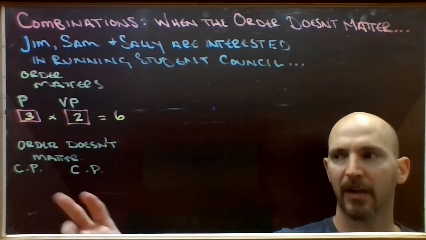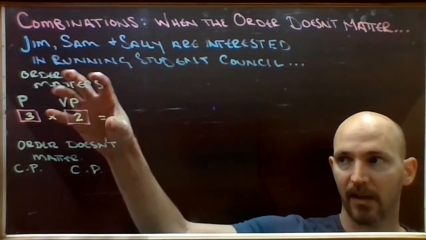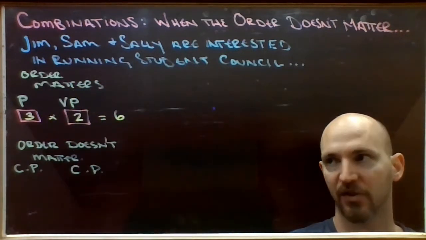Now, in order to figure out how to count these, I'm going to make the list of ones where order matters, and then we'll see what happens when I take that condition away.